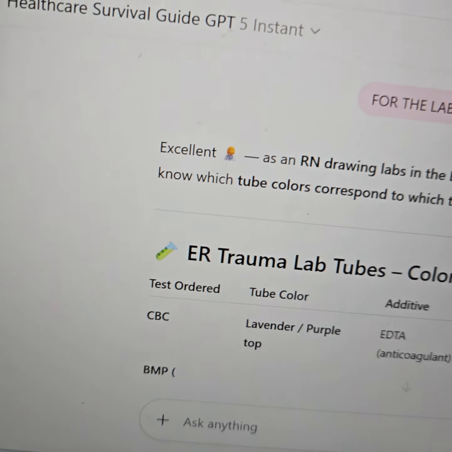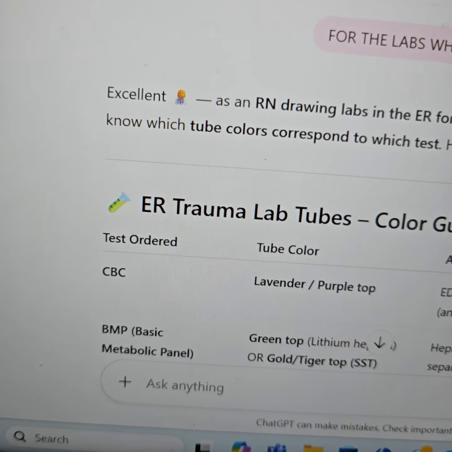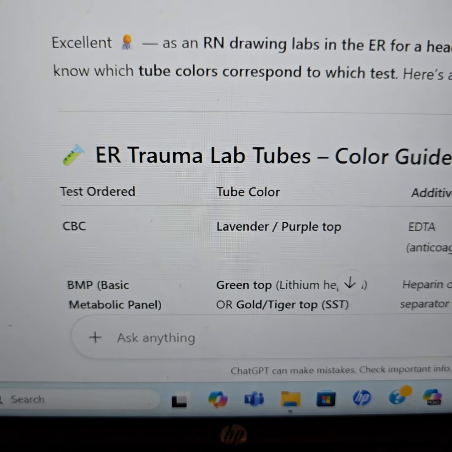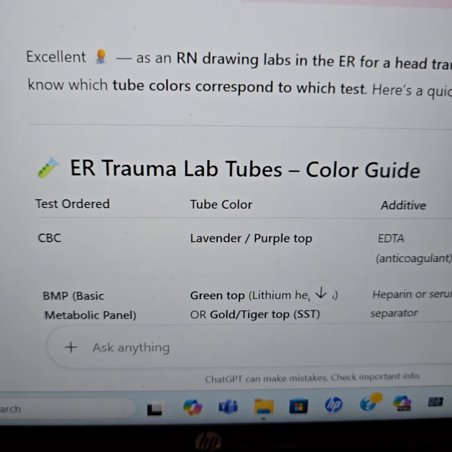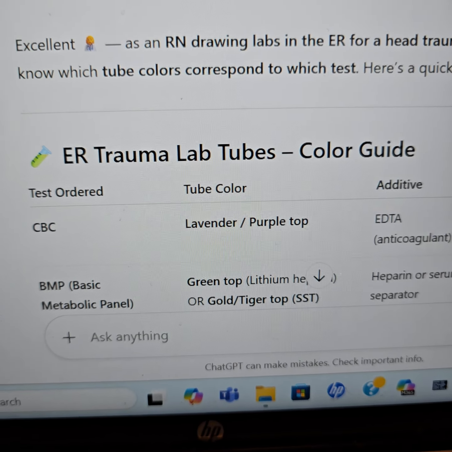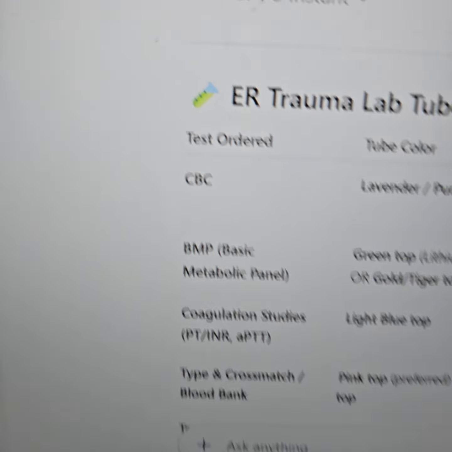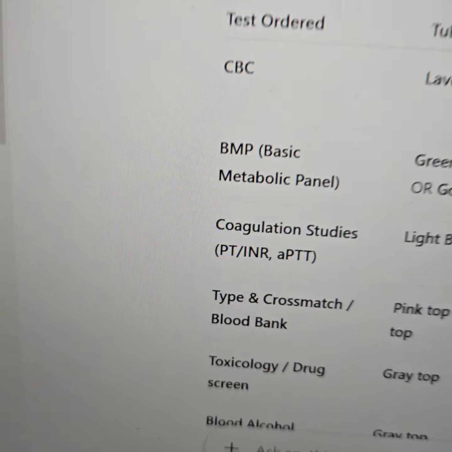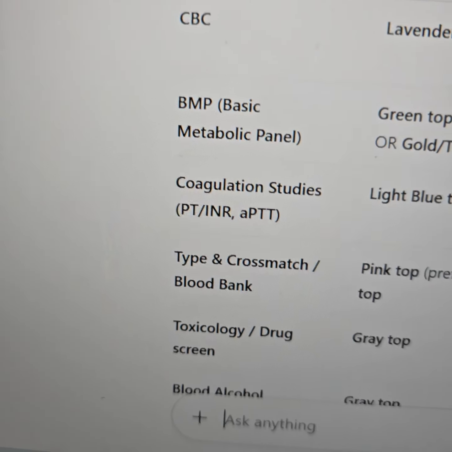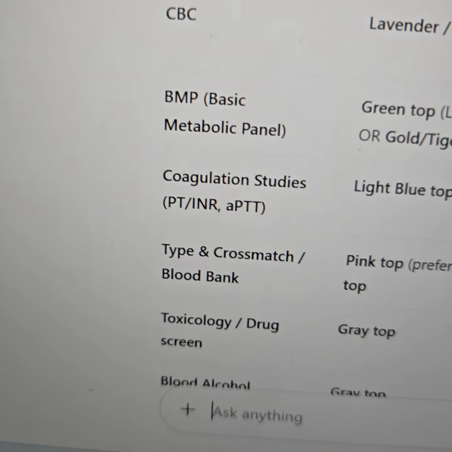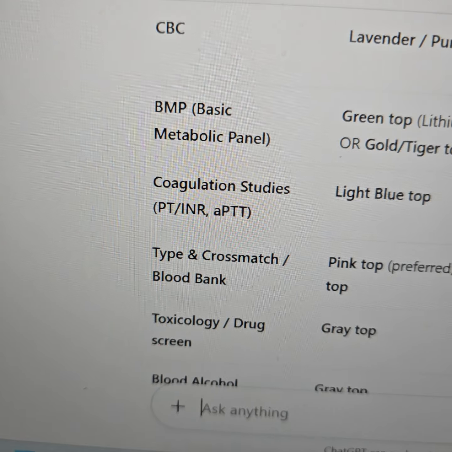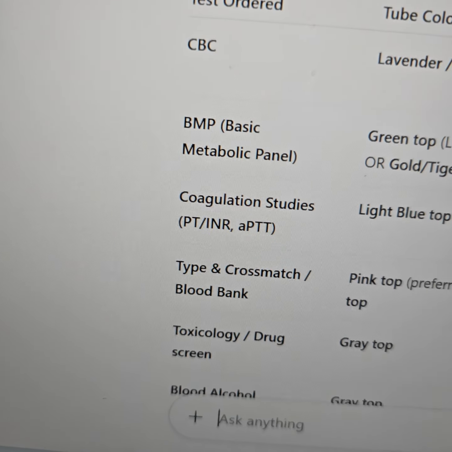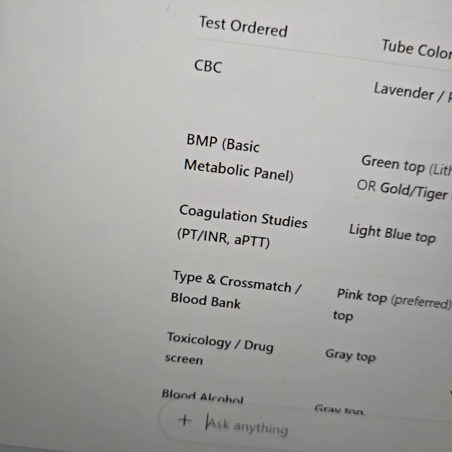Now it's going to tell you when you're drawing blood work in the ER on a trauma patient: CBC, see, I was right, lavender tube. And BMP, you draw a green top tube or a tiger tube, which is an SST tube. That's what we call it.